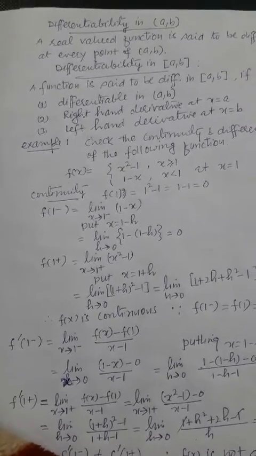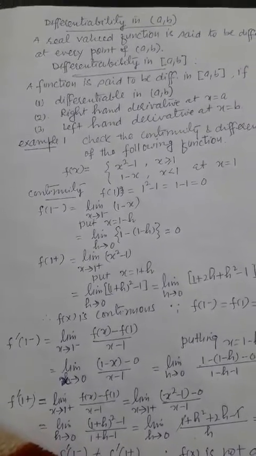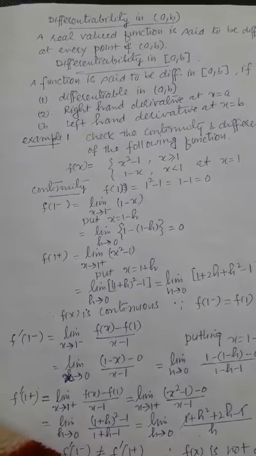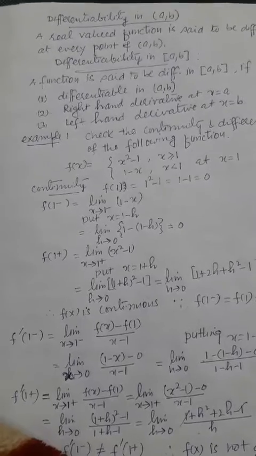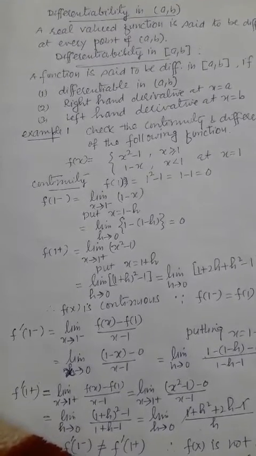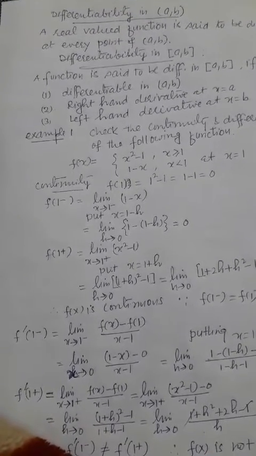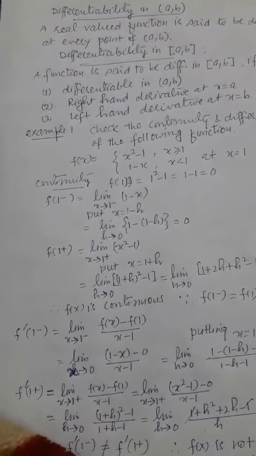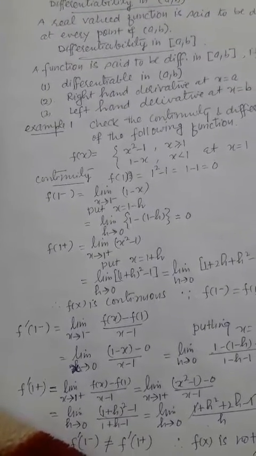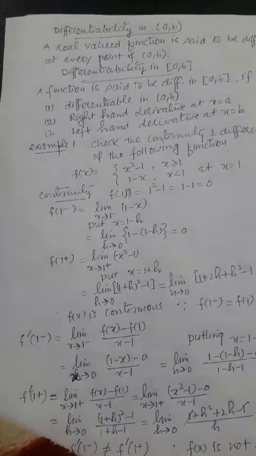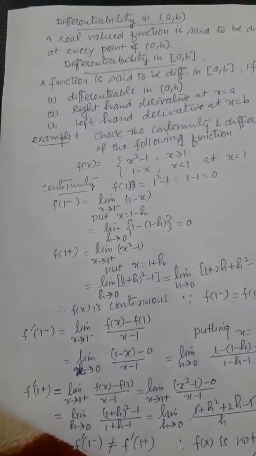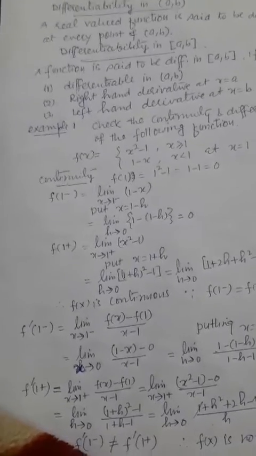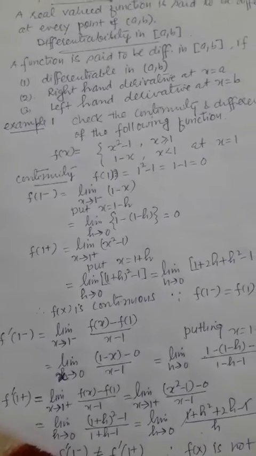Second, the right hand derivative at x equal to a and the left hand derivative at x equal to b should exist. It means we say the function is left hand differentiable. If all three conditions are satisfied, then you can say a function is said to be differentiable in the closed interval AB.